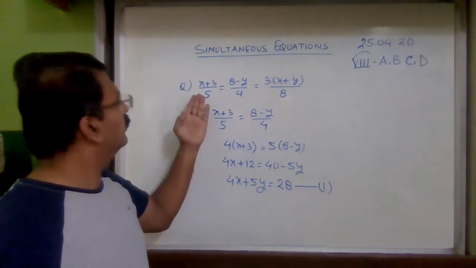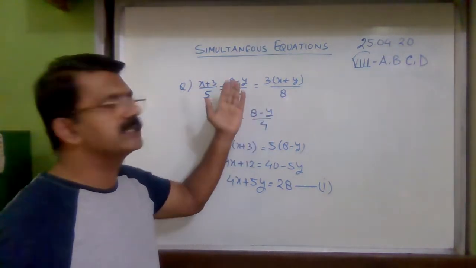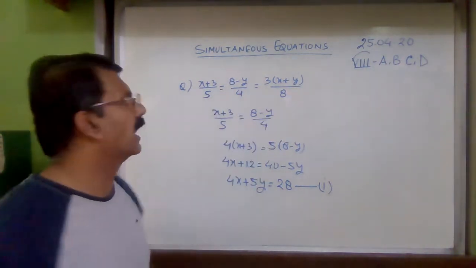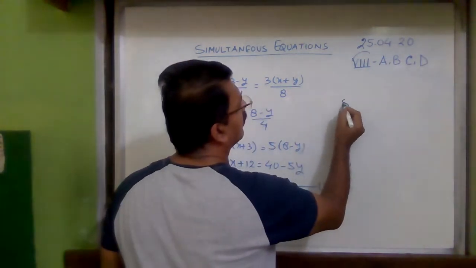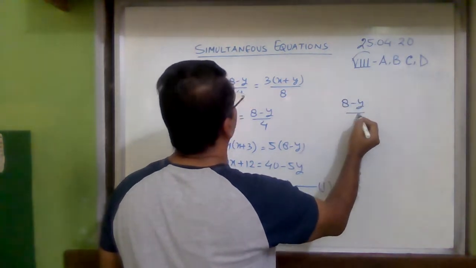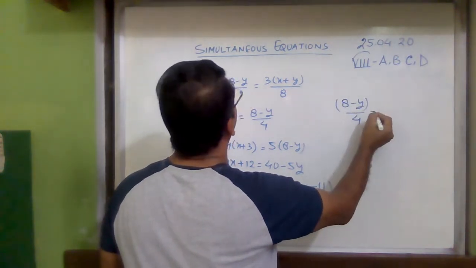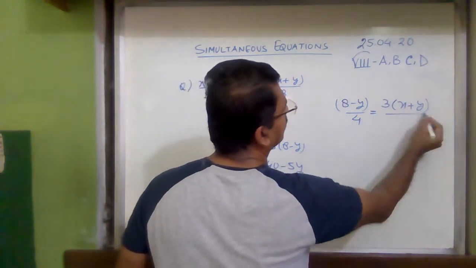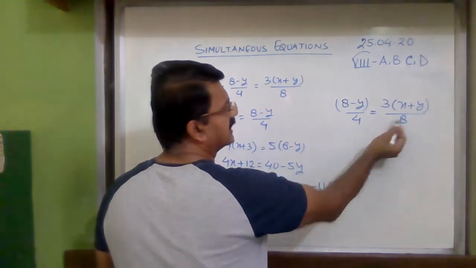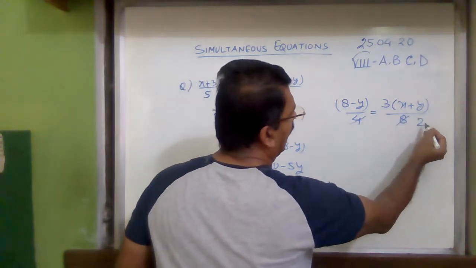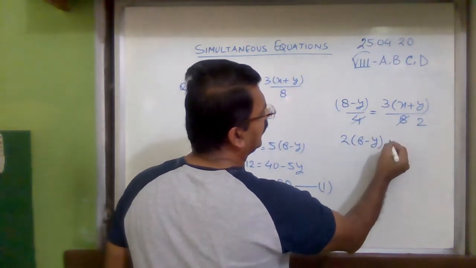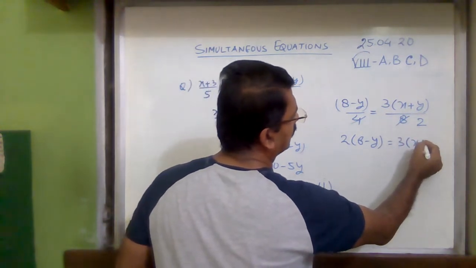Now we can equate the first and the third part, or the second and the third part. We are going to equate the second and third part: (8 minus y) by 4 is equal to 3 into (x plus y) by 8. We can cancel the 8 by this 4, and now cross multiply: 2 into (8 minus y) is equal to 3 into (x plus y).